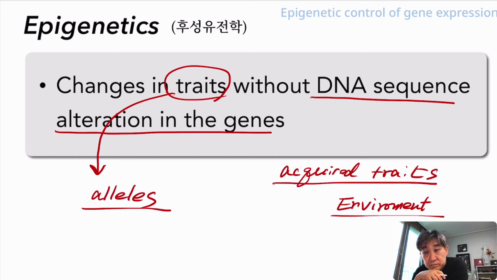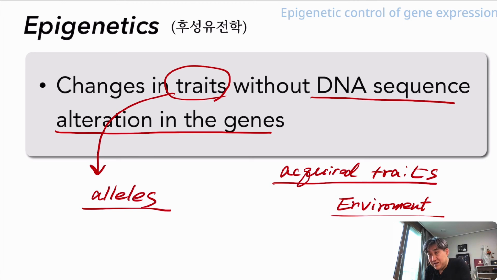But then later, scientists discovered something very strange. There are obviously differences in traits, but if you compare two individuals having two different traits coming out of one single character, there is no DNA sequence variation between these two individuals.